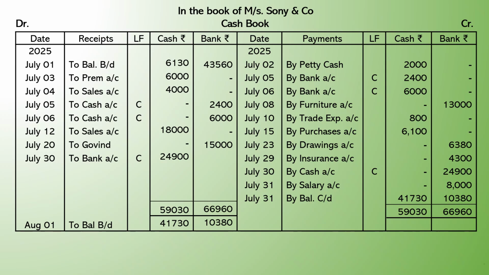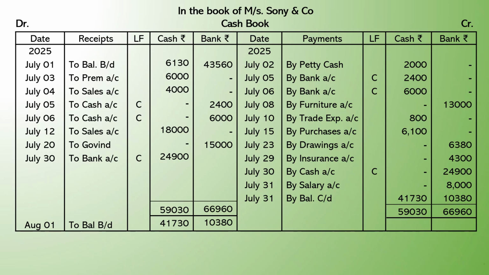8th July. Purchased furniture by check 13,000 rupees, payment by check, enter on credit side, bank column. 10th July. Paid trade expenses 800 rupees, payment, enter on credit side, cash column. 12th July. Cash sales 18,000 rupees, receipt, enter on the debit side, cash column. 15th July. Cash purchases 6,100 rupees, payment, enter on the credit side, cash column. 20th July.